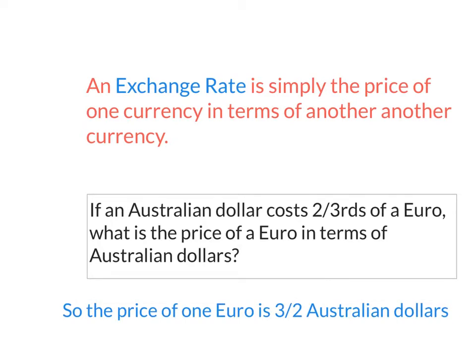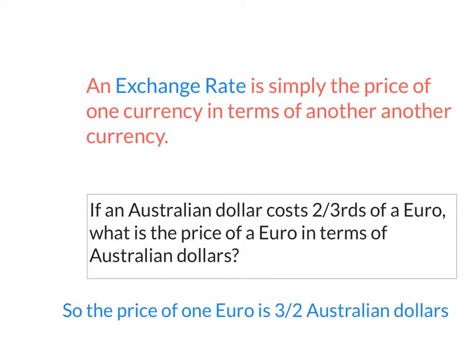So if our 1 euro buys 1.5 or 3 on 2 Australian dollars, that's the same as saying that we need to give up 1.5 Australian dollars to get a euro, or in other words, the price of a euro is 1.5 Australian dollars. Notice that we've just got inverses here. The price of an Australian dollar is 2/3 of a euro, so the price of 1 euro is simply 3 on 2 Australian dollars.